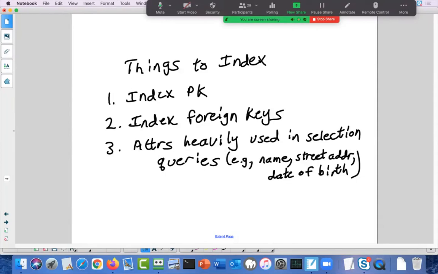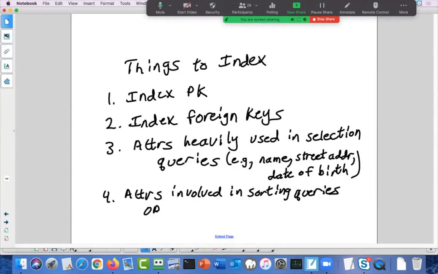Okay, also attributes frequently involved in sorts, in sorting queries. So that includes order by, group by, union, intersect.